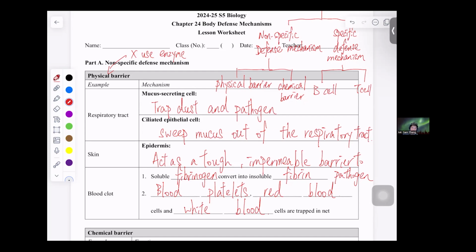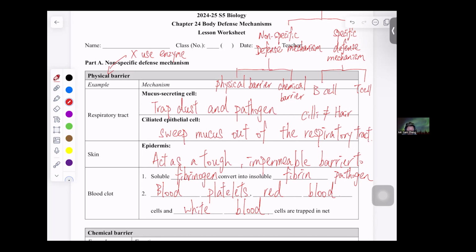But the ciliated epithelial cells cannot trap the dust and the pathogens. Their function is mainly to sweep the mucus out of our respiratory tract. So the cilia in our ciliated epithelial cells are totally different from the hair in the nostril.